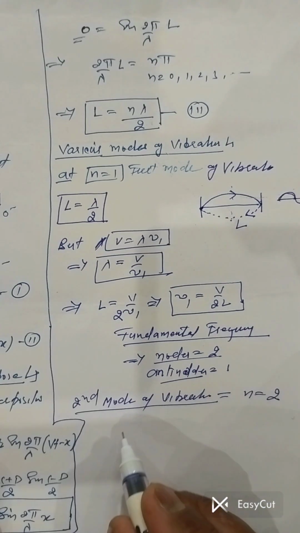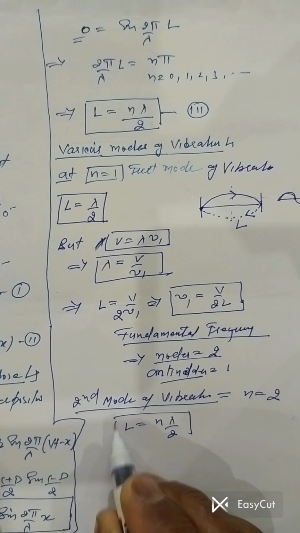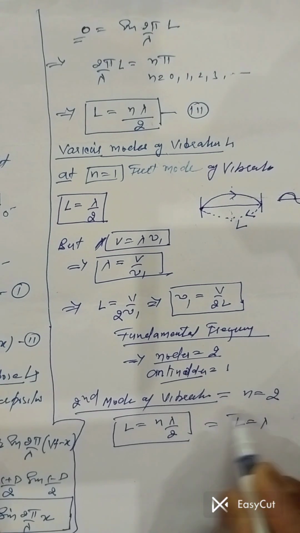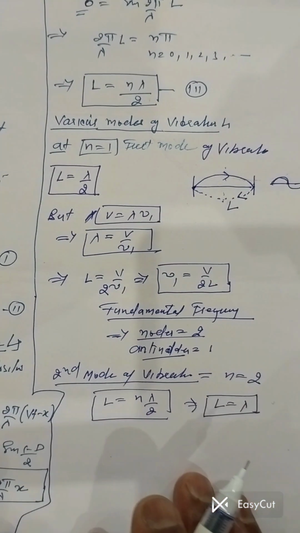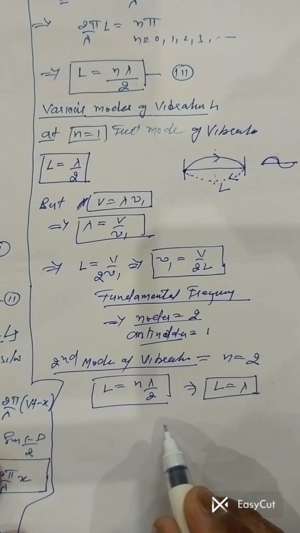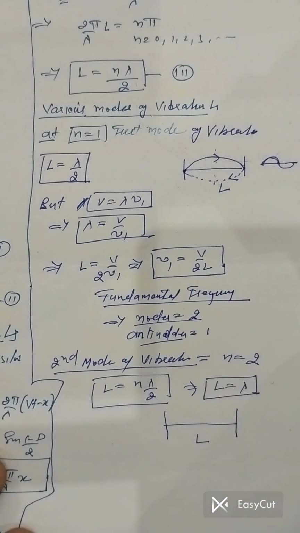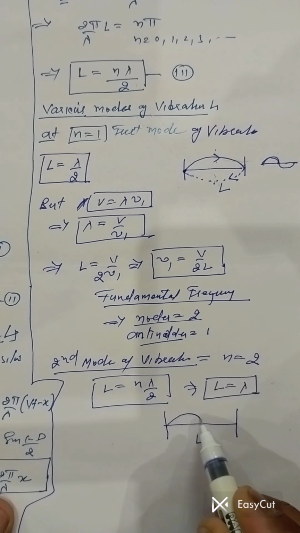And what was the basic equation? L is equal to n lambda upon 2. So by putting n is equal to 2, you can find here L is equal to lambda. Means now the length will consist of a complete wavelength. So diagrammatically I can show here. This is the string fixed at both ends. Now complete wave means in this way.